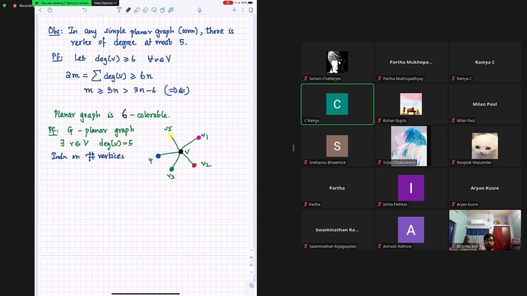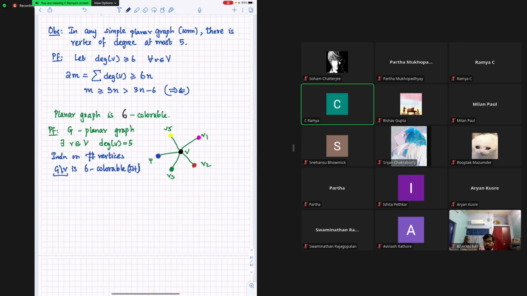Let's assume that for graphs with fewer than n vertices, or n minus 1 vertices, the planar graph is 6 colorable. So now I know that G minus V is 6 colorable from the inductive hypothesis. So what do I have to do? I have to put V back inside and ensure that this graph is still 6 colorable. The rest of the graph I have obtained the coloring from the induction.